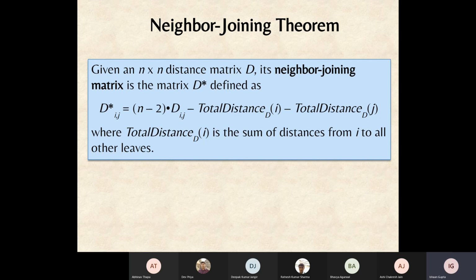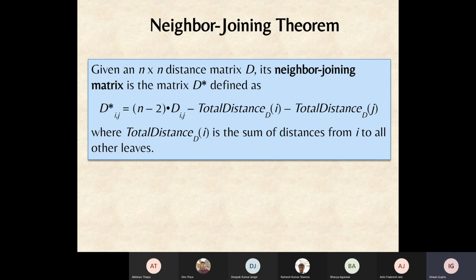So this is the transformation. Given an n cross n distance matrix D, its neighbor joining matrix D star can be given by the following expression. n is the number of nodes, or number of leaves, in the tree. Dij are the distances that you've already been given. Now we introduce the idea of total distance Di and total distance Dj.